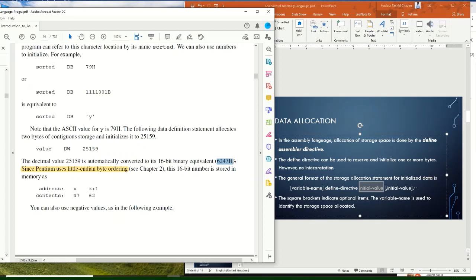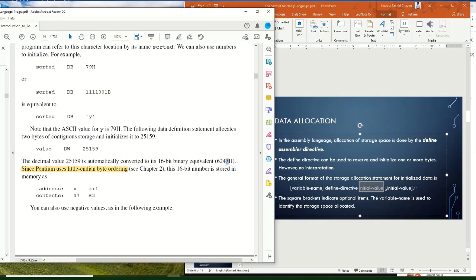So whenever the assembler tries to save this value into the memory location, the Pentium processor actually uses little endian byte ordering. So what is little endian byte ordering? Let's say we have a value of 6247, and we know that for a hexadecimal number, one digit represents 4 bits of a binary number.